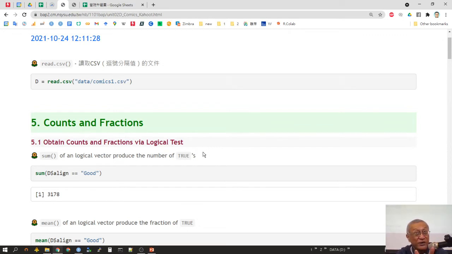So you have two variables involved, right? The first thing is align: is this guy a good guy or is this guy a bad guy, right? So this is the first variable, and the second variable is the eye color, right? So you have two variables involved. Right? That's where the complication kicks in.